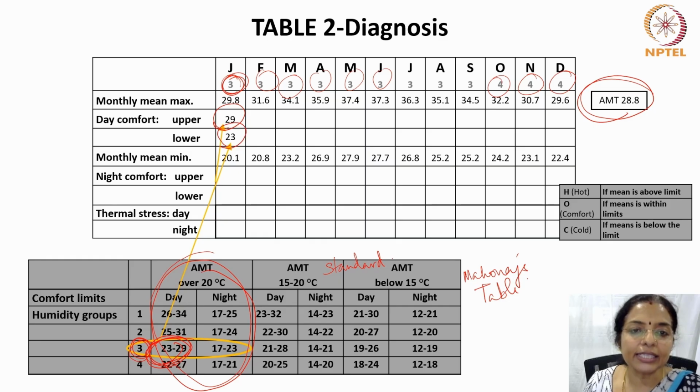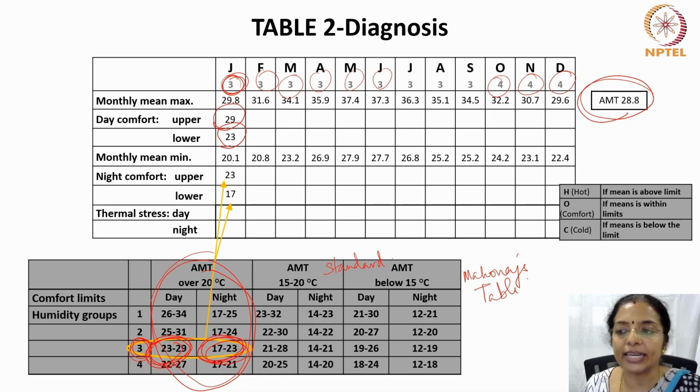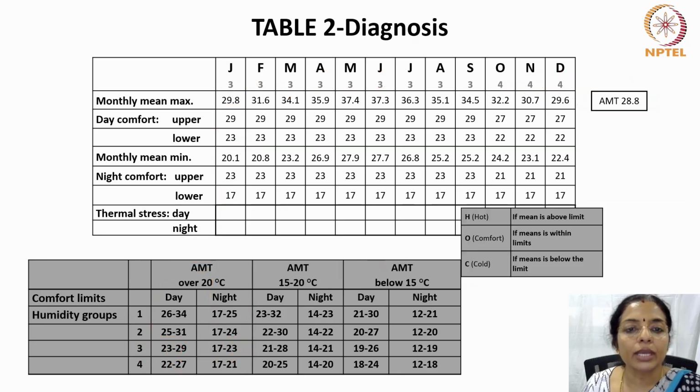Like this, you write for each of the months. And again, for the same thing, you write the lower limit. For night comfort, what is the lower limit? It is 23 degrees and 17 degrees. Like this, you fill this entire row.